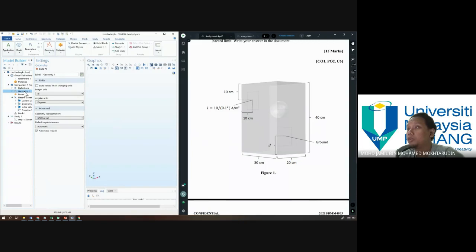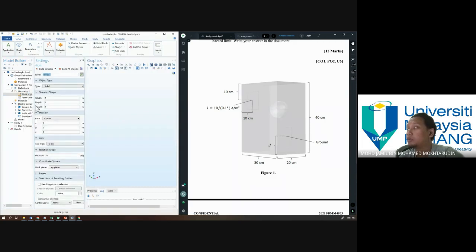So in the geometry, we can start by drawing the abdomen, the rectangle. So the height is 40 cm. And then the depth, I think 20.